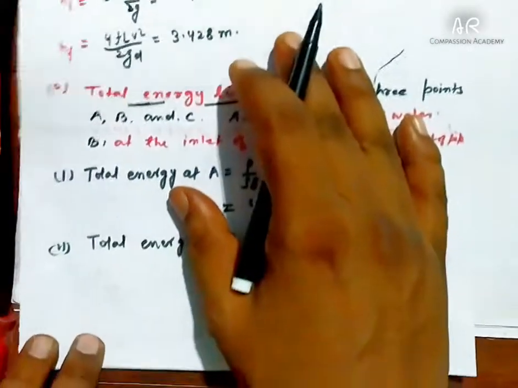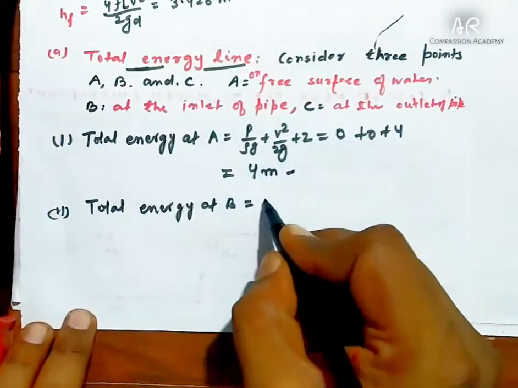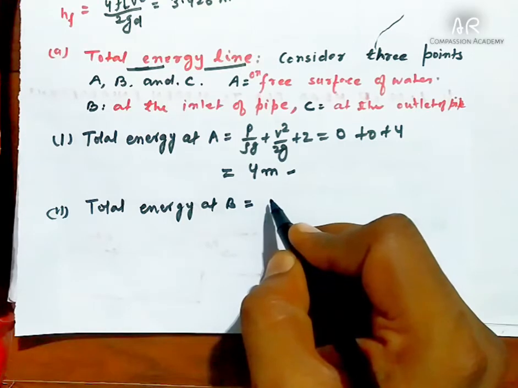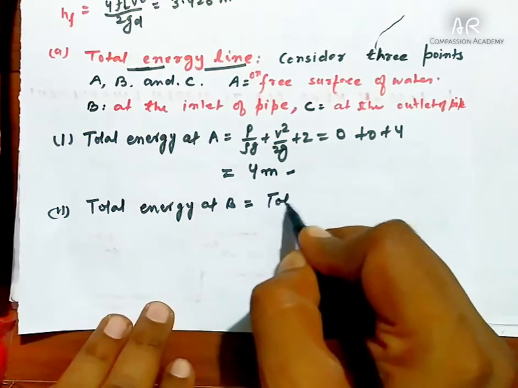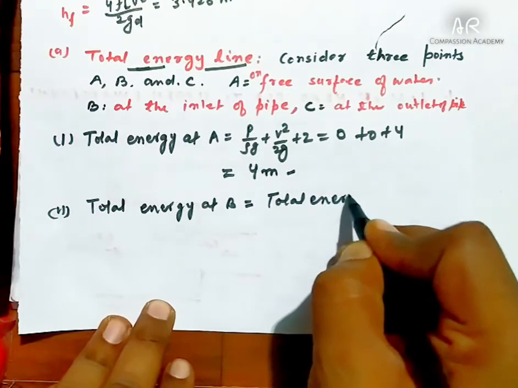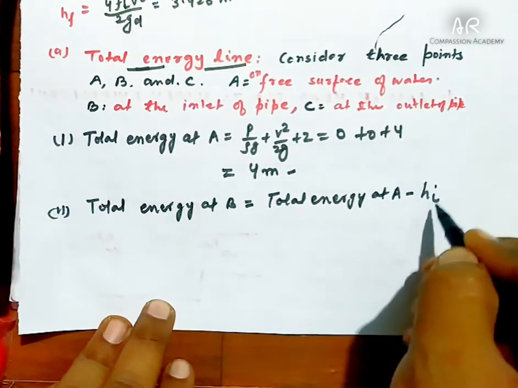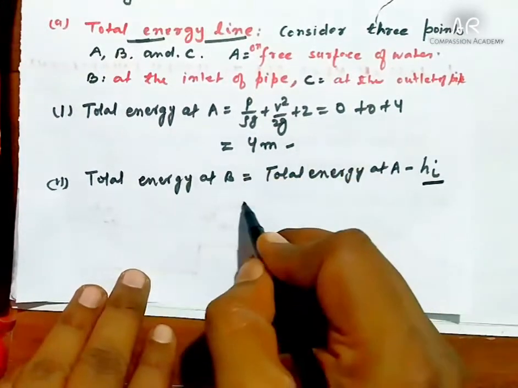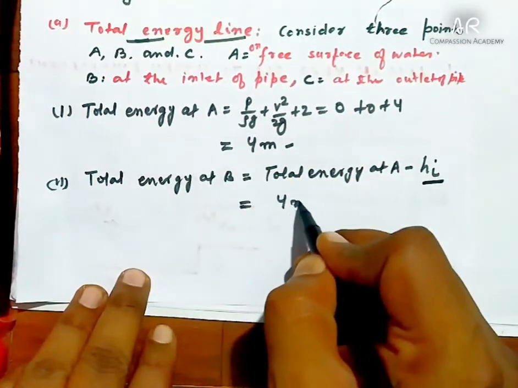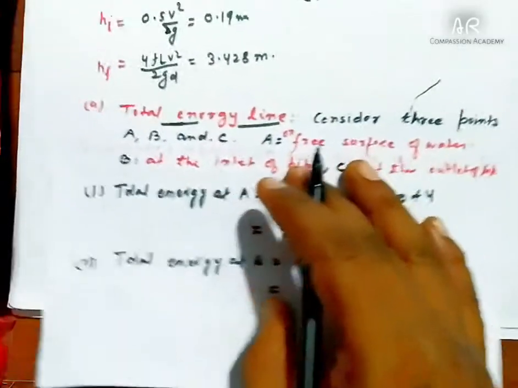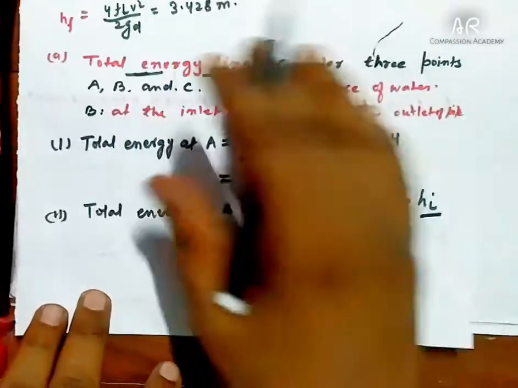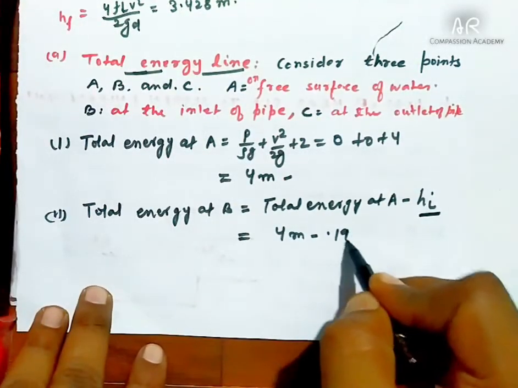So total energy at B is total energy at A minus h inlet, that is the inlet loss. So total energy is 4 meter and the inlet loss we have calculated is 0.19 meter.